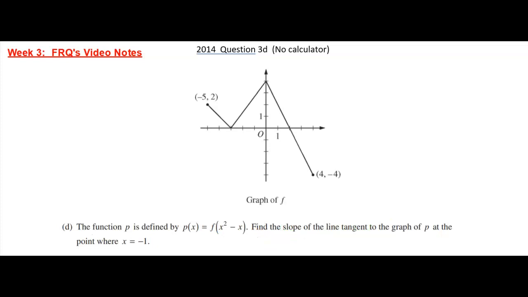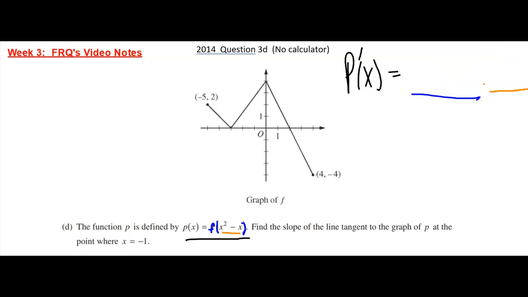So step 1 on this problem is to take the derivative of p. So here we go. Now the derivative is going to be the derivative of this outside function, which is f, multiplied by the derivative of the inside function, which is x squared minus x.